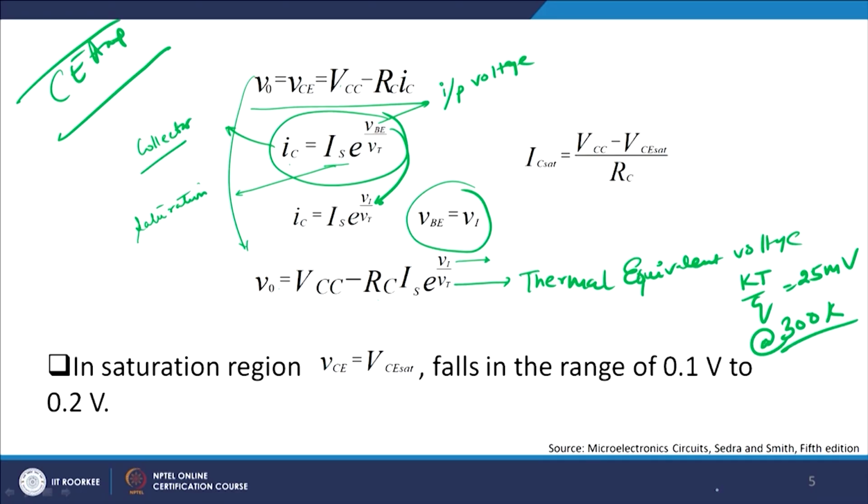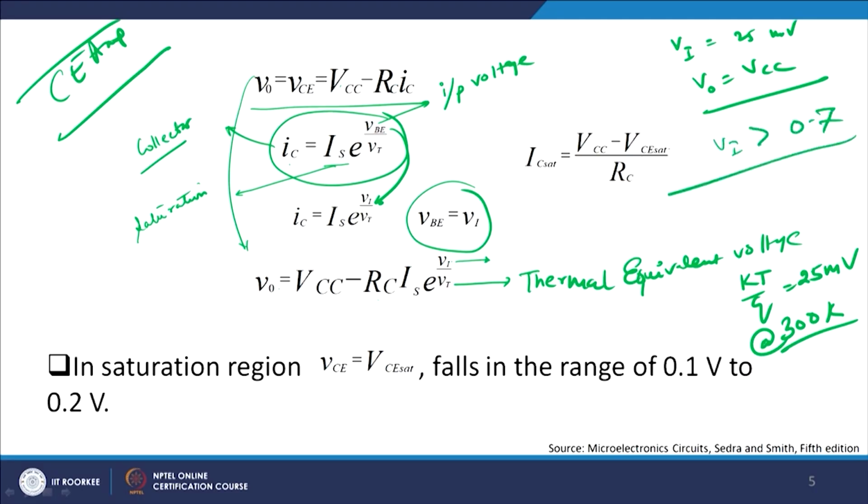So, if my Vi is, let us suppose, 25 millivolts, I get e to the power 1. Remember, as long as Vi crosses 0.7, I will expect to see V0 equal to VCC, because this term will effectively go to 0, if not exactly 0.